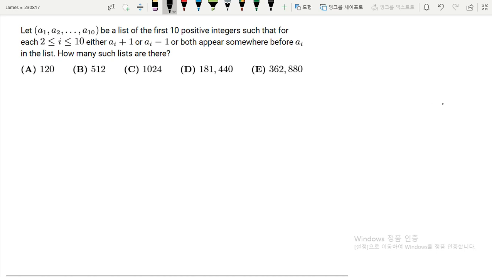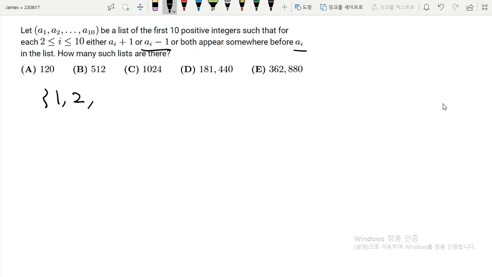So in this problem, to satisfy this condition, AI plus 1 or AI minus 1 must appear before AI. So if we start from 1, 2 must appear right after 1 to satisfy this condition. 2 minus 1 is 1, so 1 must appear before 2.